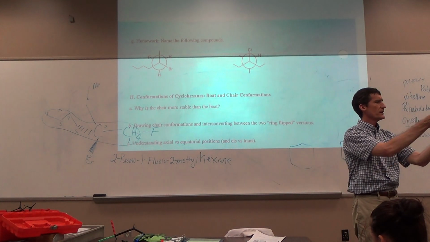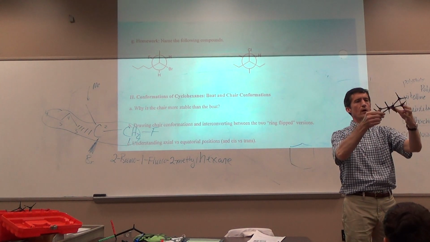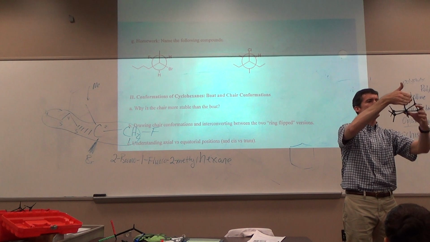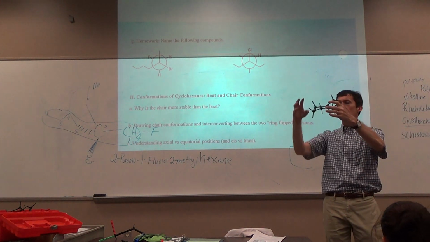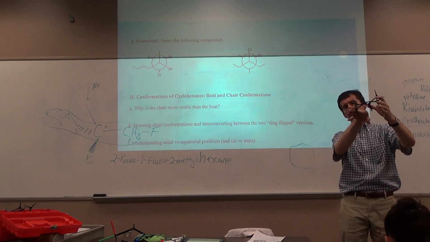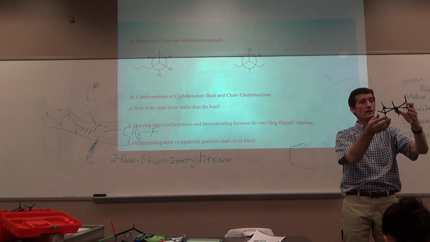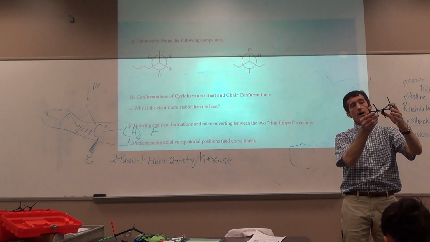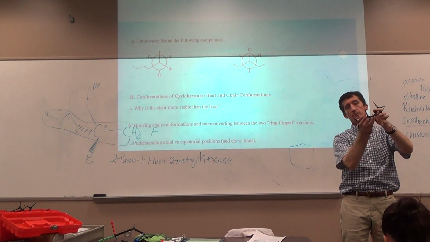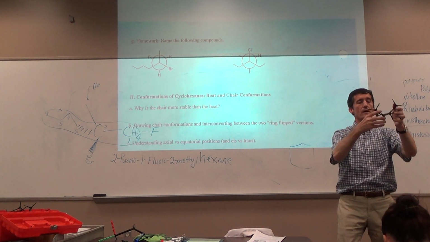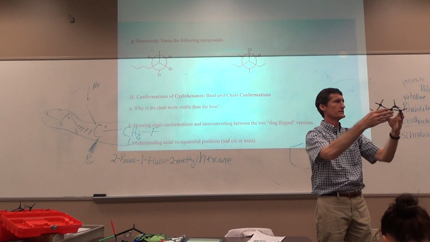That right there is called a chair conformation, where if you're kind of sitting here and this is sort of the back of the chair, and this is sort of hanging over where your legs would lay, like you're sitting there. Now this end could pop up, and that's actually called a boat conformation.